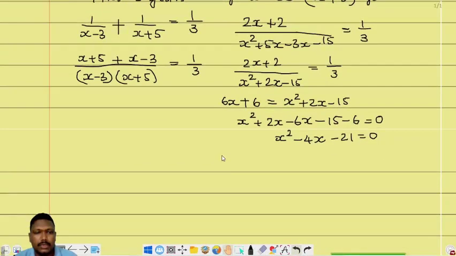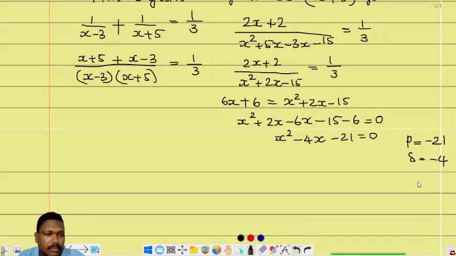Now we can solve this using splitting the middle term or whatever method we can use. I am using splitting the middle term: product is equal to minus 21 and sum is equal to minus 4. So it will be minus 7 and plus 3.